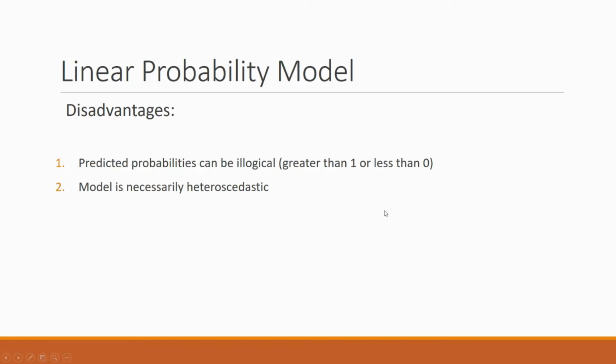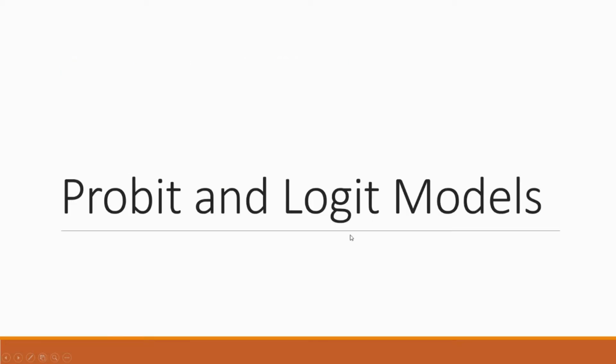That would motivate using a model different from the linear probability model, which we're going to get to now. This is on the Probit and Logit models. Probit and Logit models are used to study binary dependent variables.